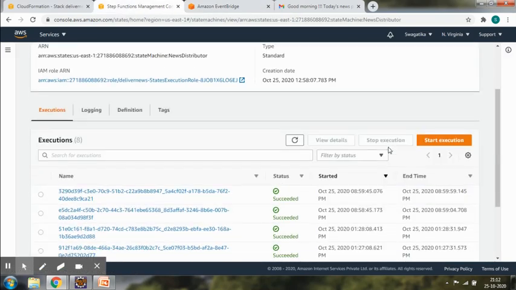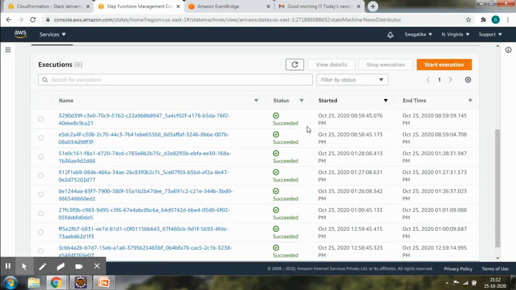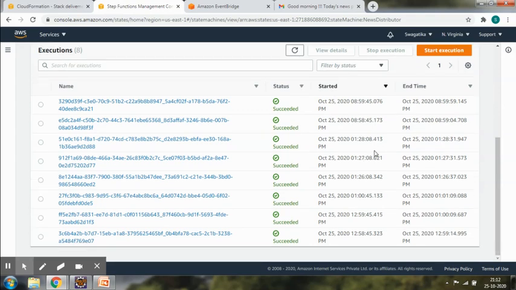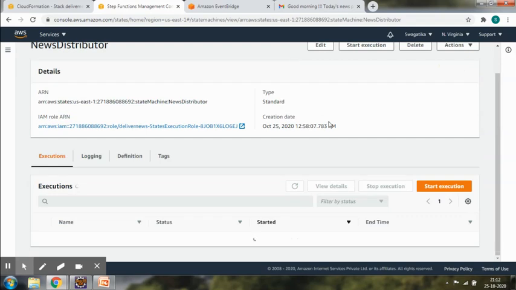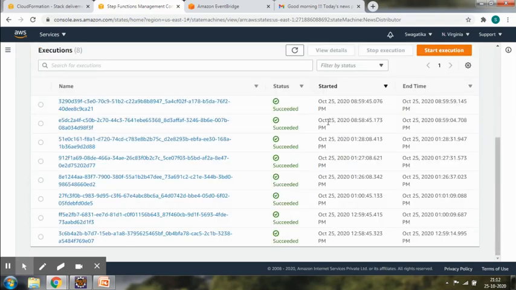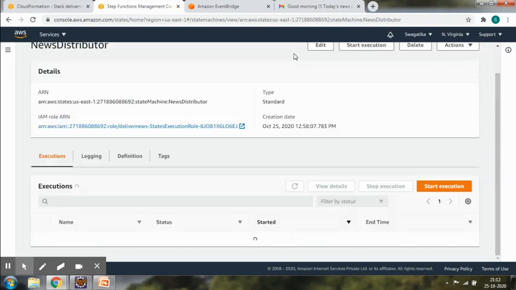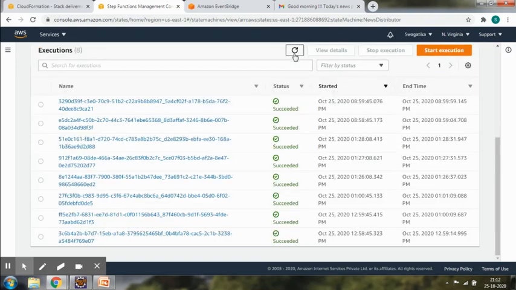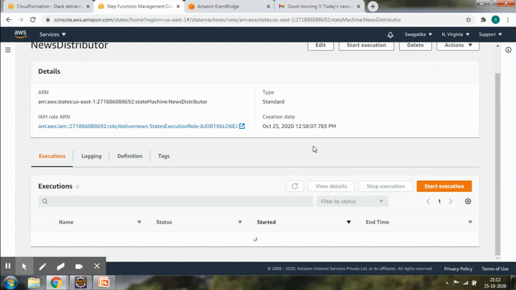Let's look at the executions. It will take some time. Yeah, I think once the minute starts, it will trigger that execution.